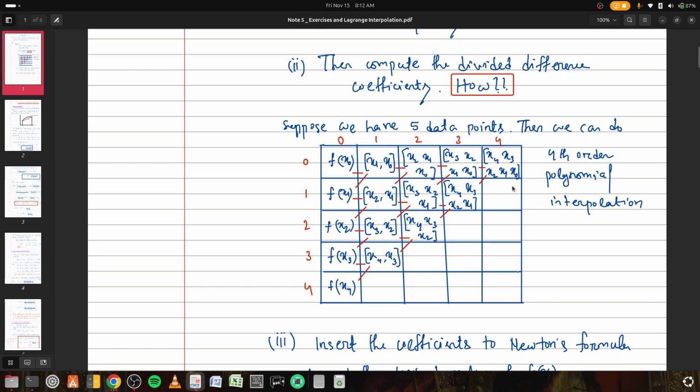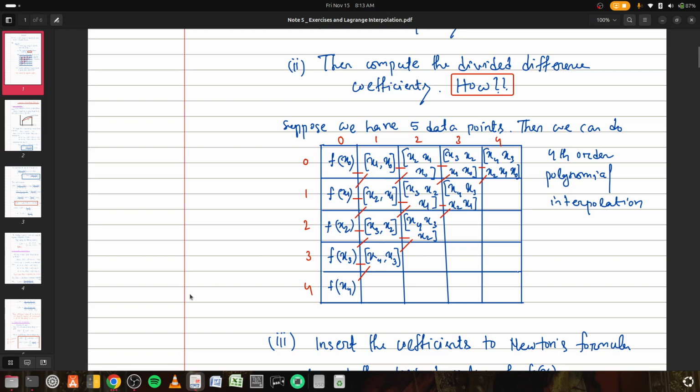They are filled in this way. To satisfy this condition, they are filled up to the diagonal only, and the cells below the diagonal will be empty.